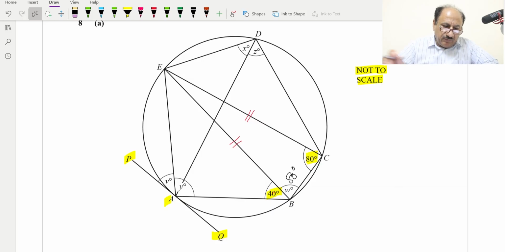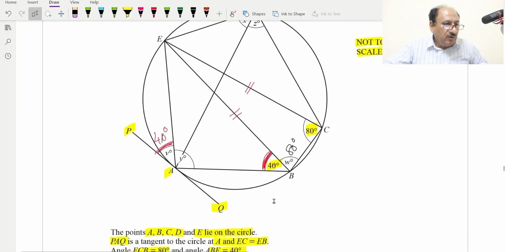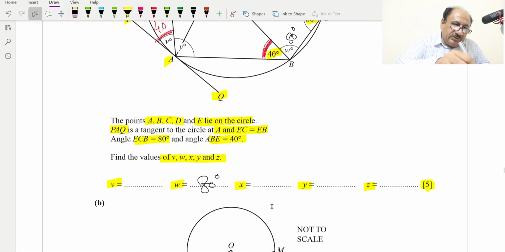This is V, and this is equal to the remote angle of this triangle. So this is also 40 degrees. So V is equal to 40 degrees. I'm mentioning here 40 degrees.